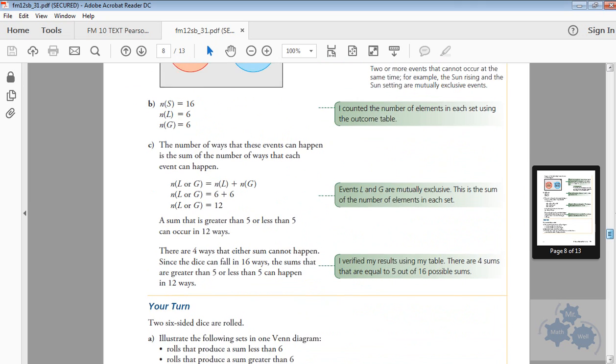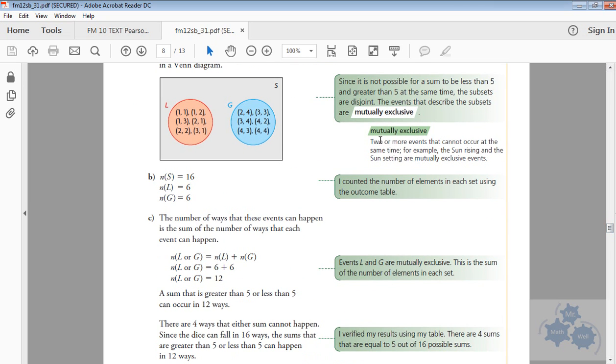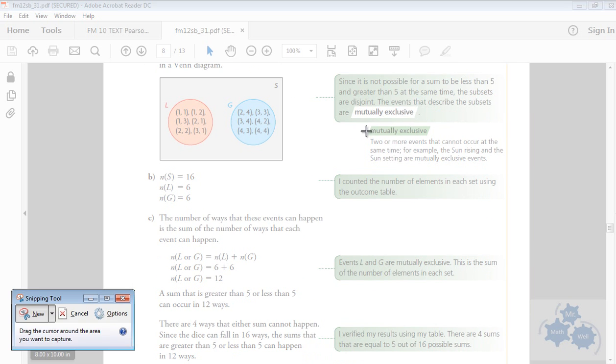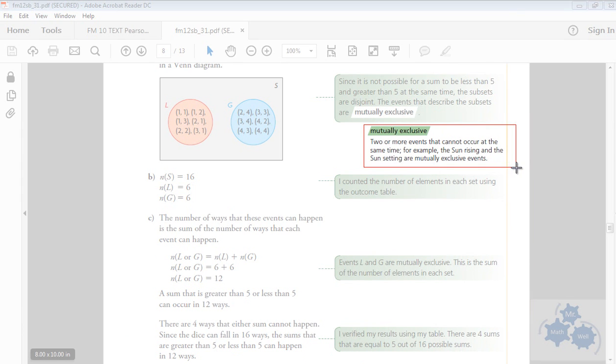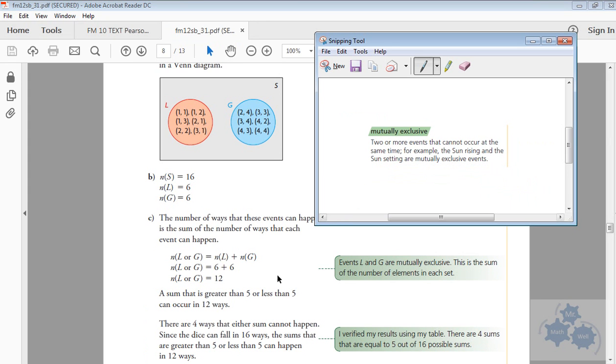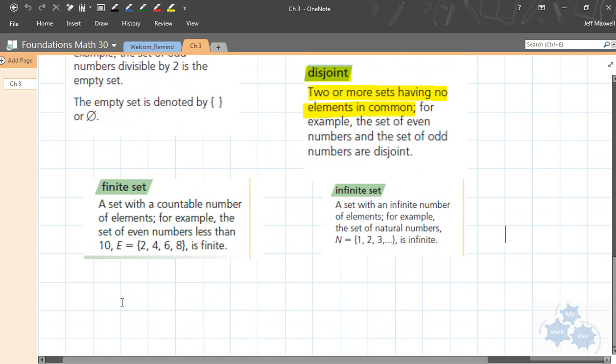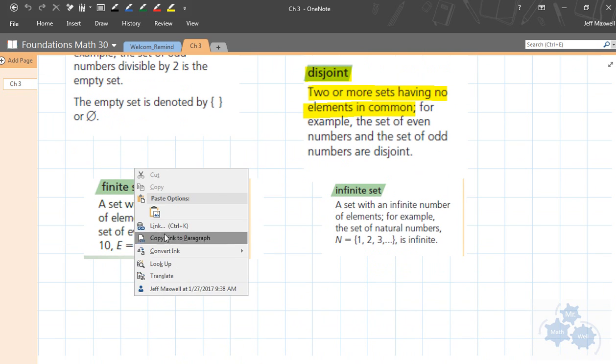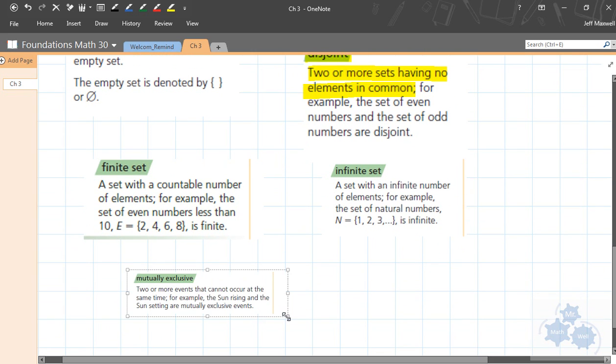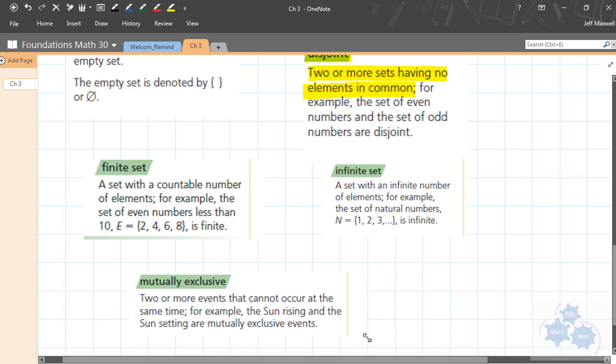We have one more definition I want to go over: mutually exclusive. They're kind of like disjoint sets, but if we have two events or two things that cannot happen at the same time, that can't be simultaneous, then they would be called mutually exclusive.